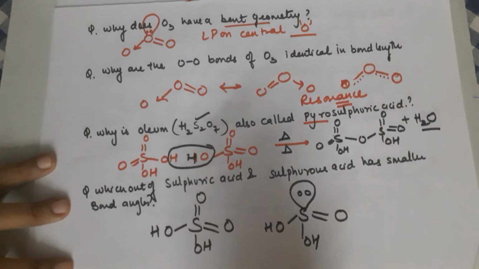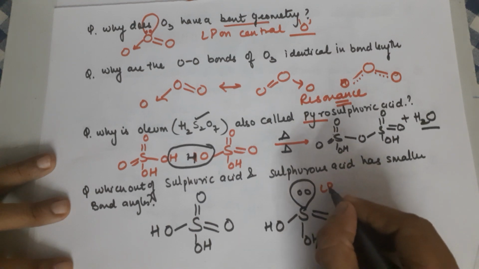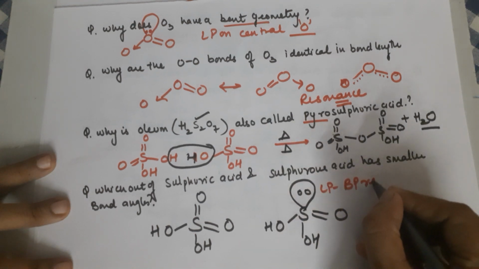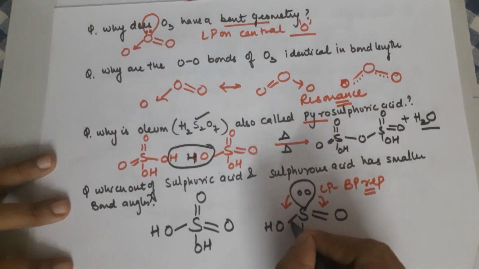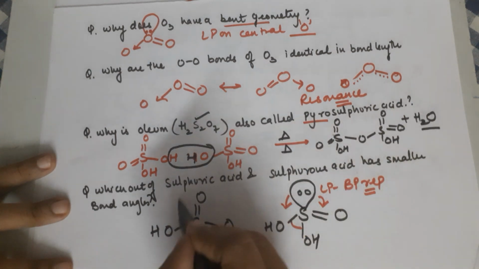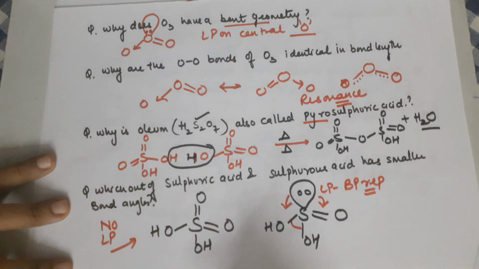As you can clearly see, the presence of a lone pair will cause lone pair, bond pair repulsion. Hence, this would push the bond pairs below, hence the angle will reduce. While there is no lone pair in sulfuric acid, therefore the bond angle would be larger.